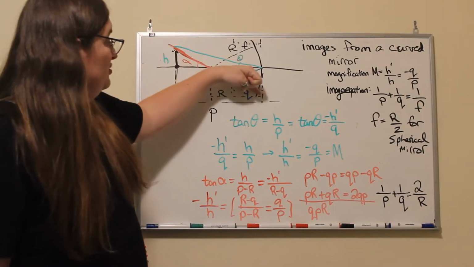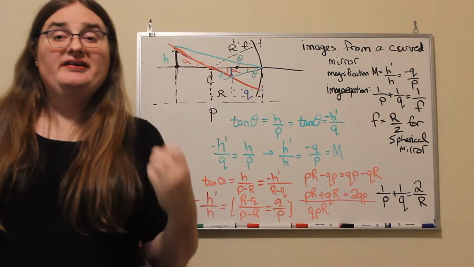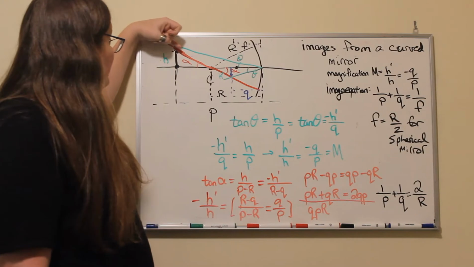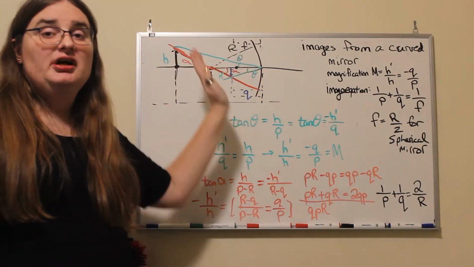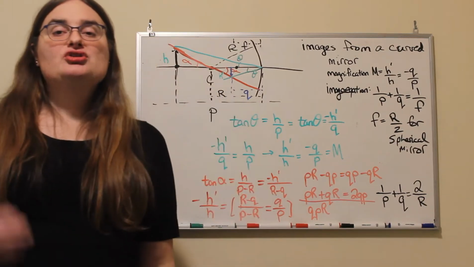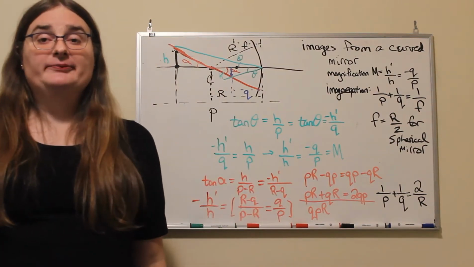That means then that the normal is directly along that ray, so any light traveling from the top of our object through the center of curvature is going to bounce out directly along the same path.